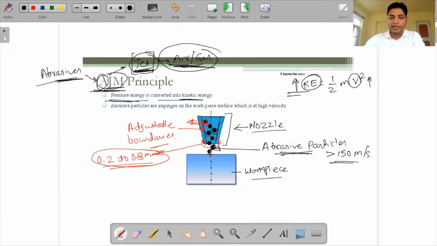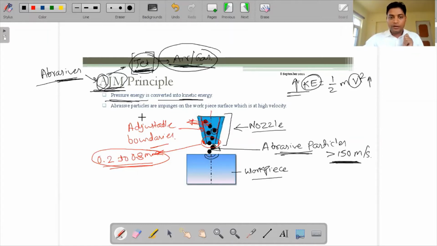The abrasive particle is not just falling over the workpiece surface, but impinging over it, like an impact loading. These abrasive particles, along with the 150 meter per second jet, impinge over the workpiece surface and remove material from the workpiece.